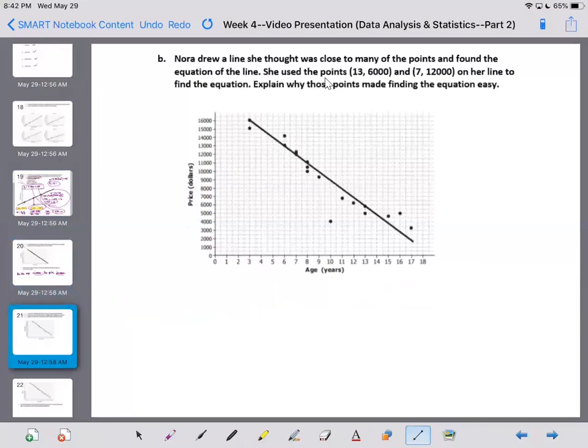So then Nora drew a line that she thought was close to as many points and found the equation of the line, and she used the points 13 and 6,000, and she used the points 7 and 12,000.